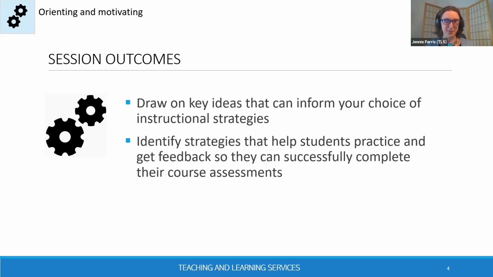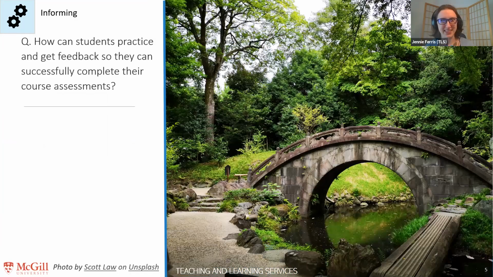So besides the fact that I think this is a beautiful image of a bridge, we wanted to introduce a metaphor here. Thinking about the question, how can students practice and get feedback so they can successfully complete their course assessments?